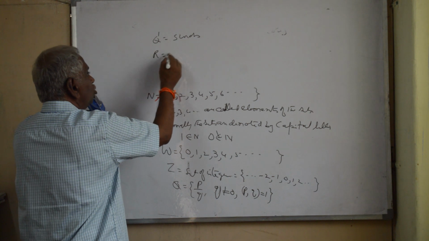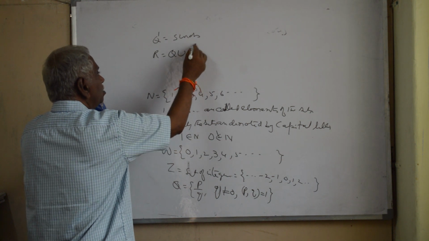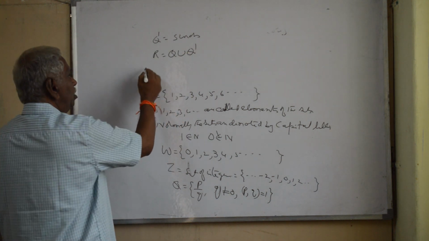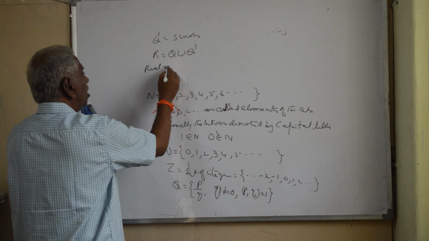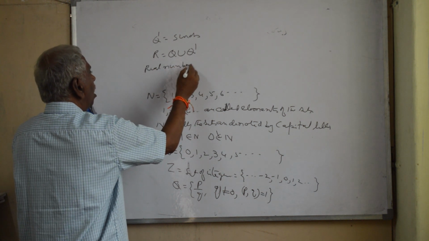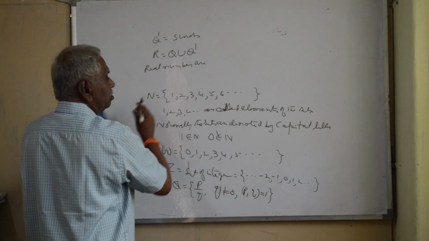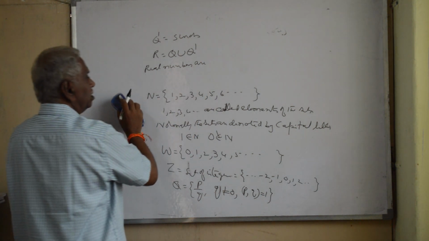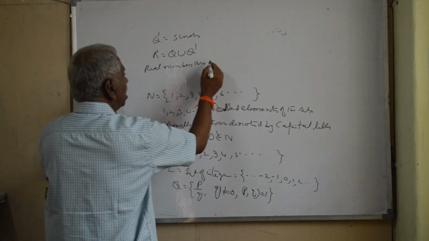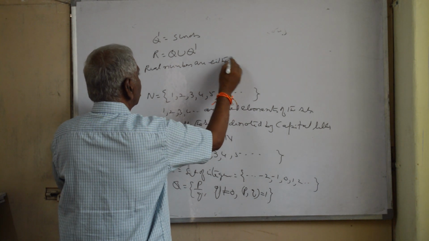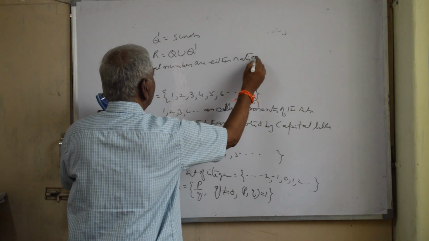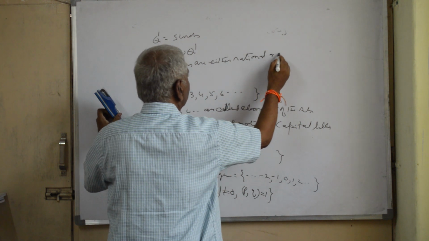And R is equal to Q union Q dash. That is the real number system. The real numbers are either rational or irrational numbers.